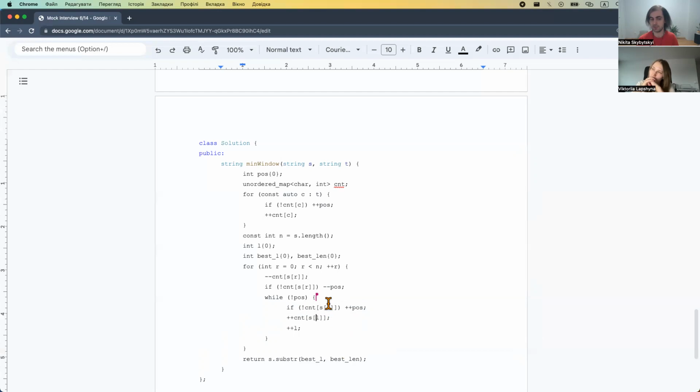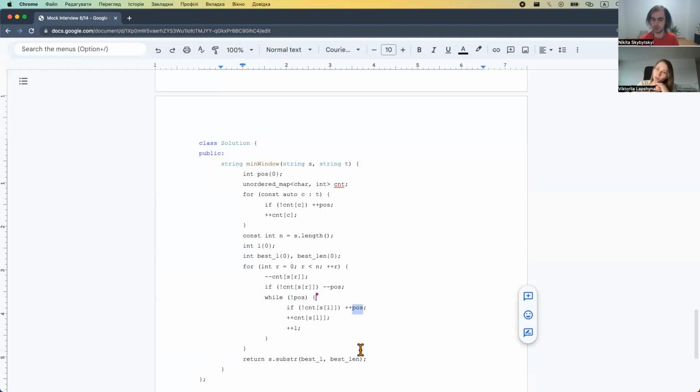Like if I successfully move the left, then left goes to left +1. This is just +1. Right. So here, after I break from the loop, it's obviously because of this. So the previous value of left was good, but now it is not.